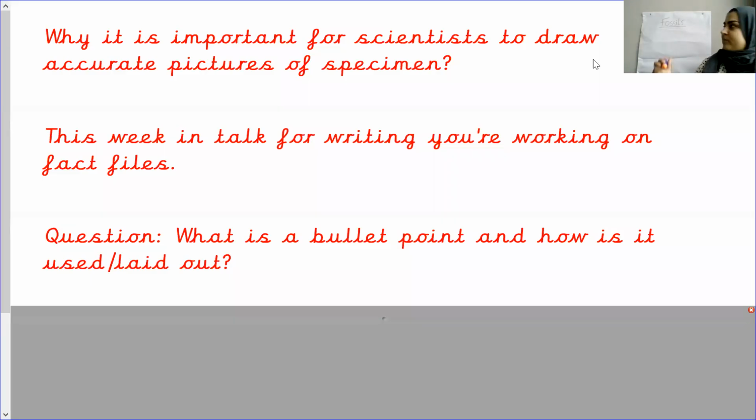So with bullet points, you always have a new bullet point on a new line. You must always start your sentence for a bullet point with a capital letter. So for example, if you were writing about fossils, you would start writing fossil with a capital letter.